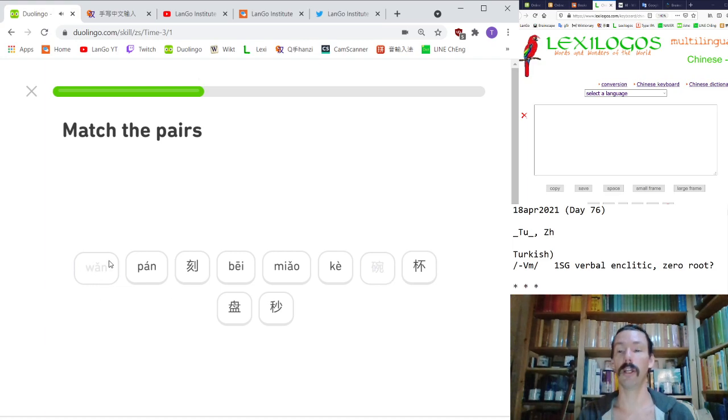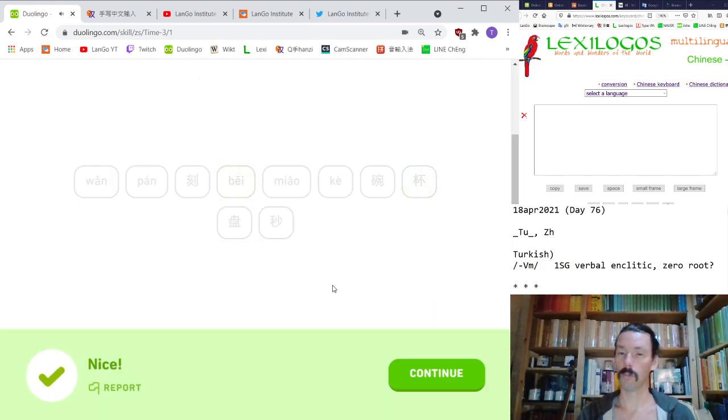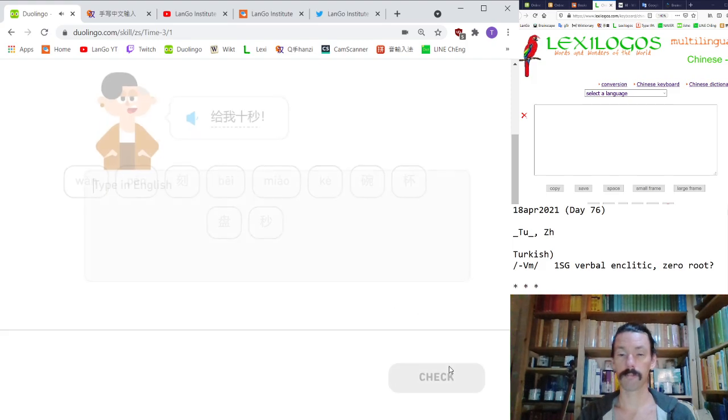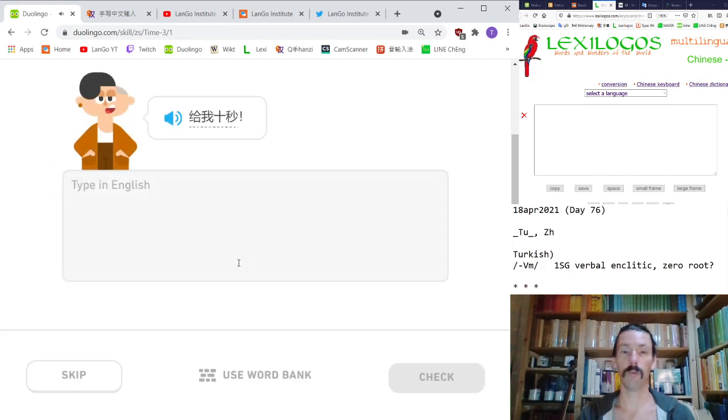It's nice. Wan with the third tone mark. It's got a bowl, a very angular one, on top of it to remind us of the meaning. Miao is the second of time. 秒. Grain. Ke 克 with the knife. Pan, 盘 tinsel on the bottom. Bei 杯 with the tree on the left. 给我10秒. Give me 10 seconds.